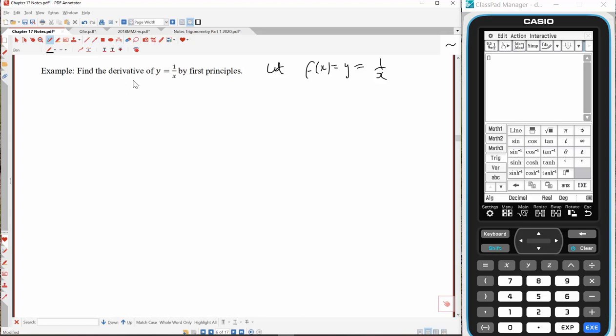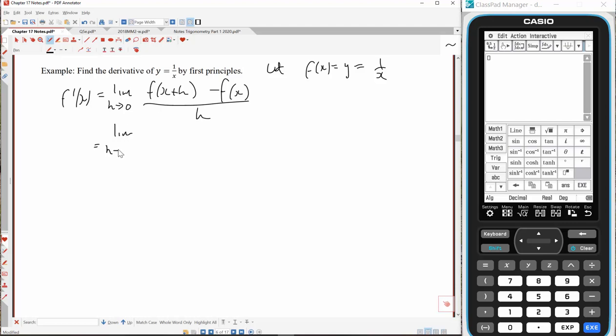To get the derivative via first principles, f dash x is going to equal the limit as h approaches 0 of f of x plus h, take away f of x, over h. So this is taking a point extremely close, evaluating the y values, and we've already subtracted the x values to get h. All right, let's go for it.